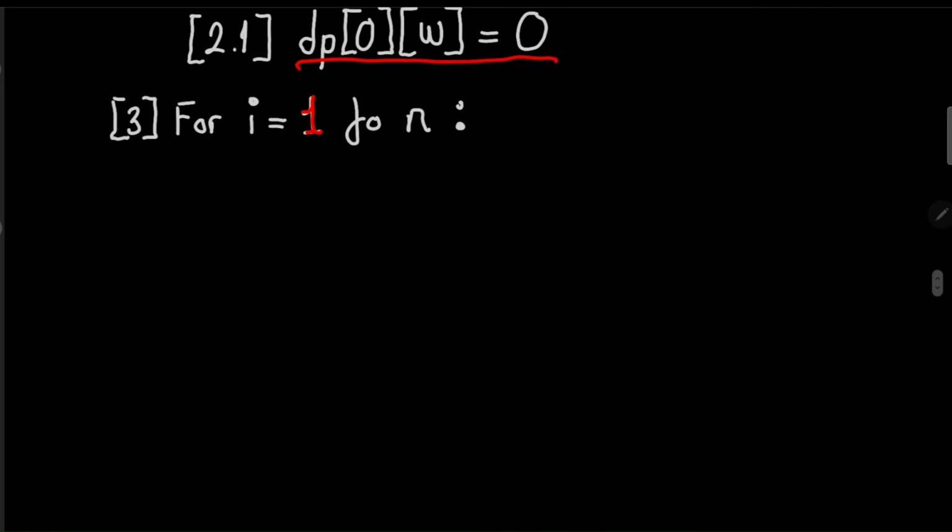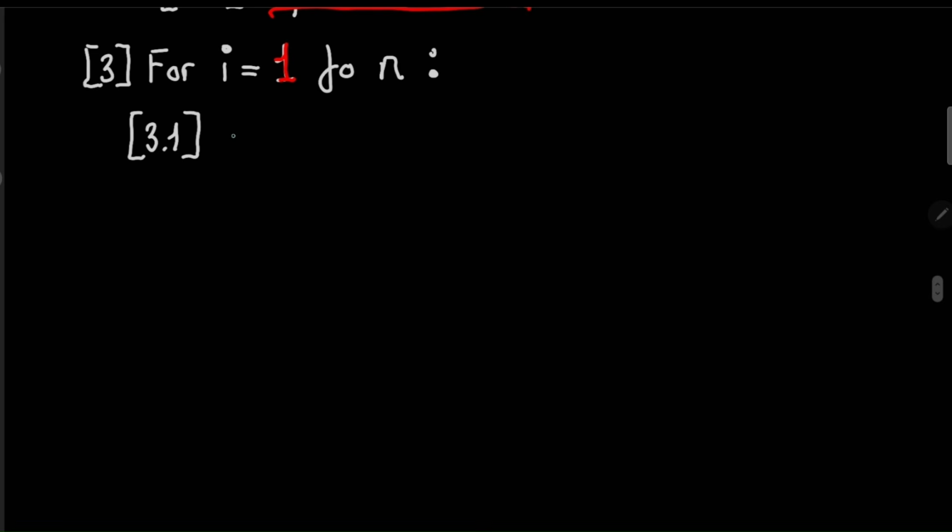So we will only look at the items from the first position up to the last one. Inside of this for loop, I am creating another loop because for each row, I should walk through each capacity from 0 up to C. W from 0 to C.